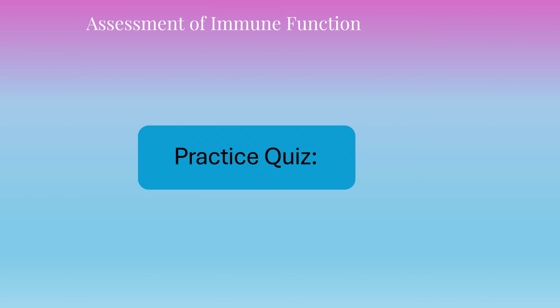Which type of leukocytes releases heparin as part of inflammatory response? Leukocytes, so you need to think about leukocytes. It's basophil, eosinophil, monocytes, neutrophils.